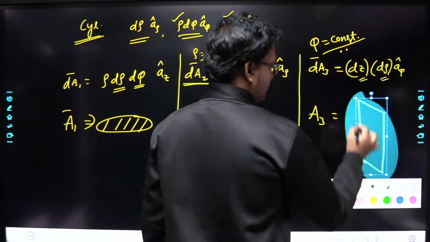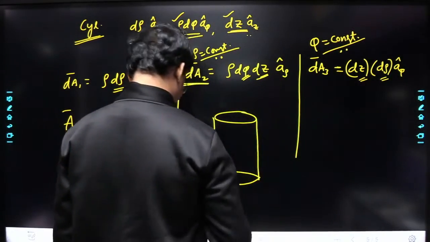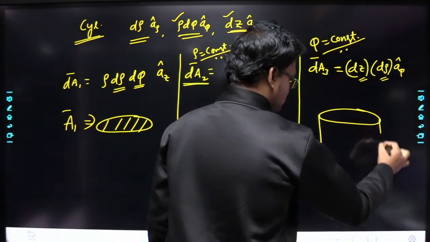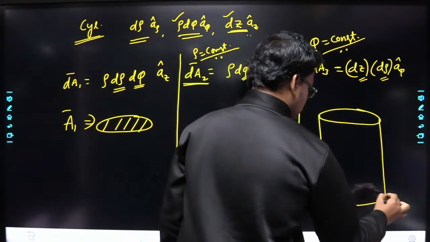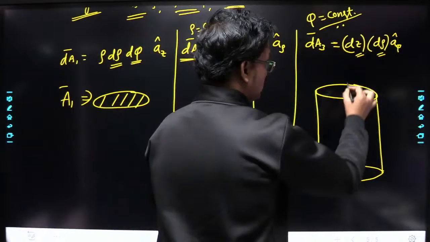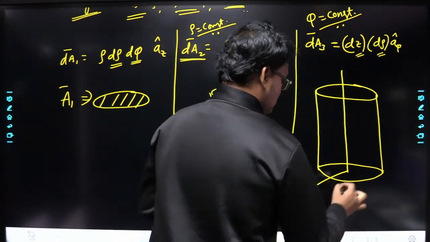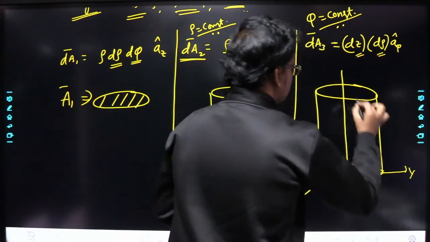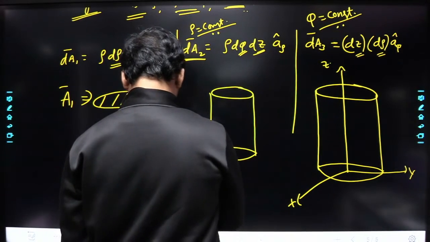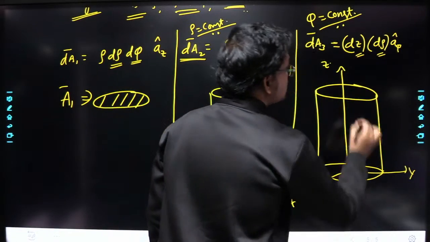Okay, so I will draw like this here. If you vary rho, here the variables are rho and z.